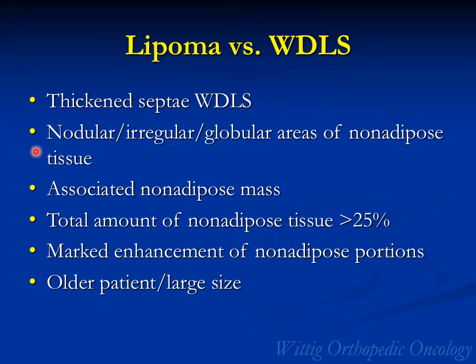If there's an associated non-adipose mass, the total amount of non-adipose tissue is greater than 25%. If there's marked enhancement of these stranding areas or the non-adipose areas, and an older patient or a larger size mass, all these are suggestive of a well-differentiated liposarcoma as opposed to a lipoma.